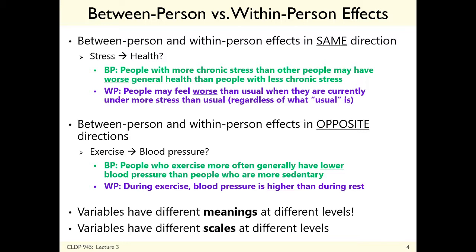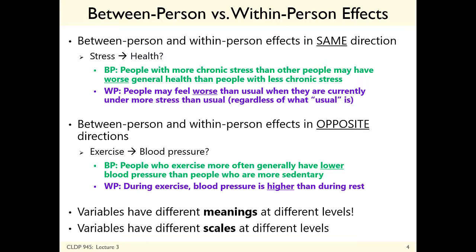Otherwise, these two different types of effects, between and within, will differ numerically simply because they are unstandardized effects on different scales, because each is relative to its level-specific variance in x and y. Only when they're truly equal do they have the chance of being literally the same number.